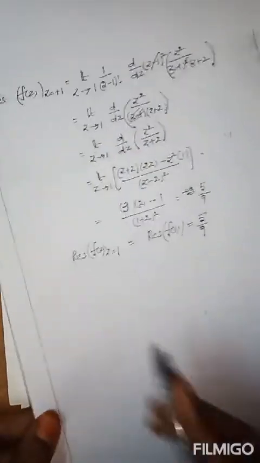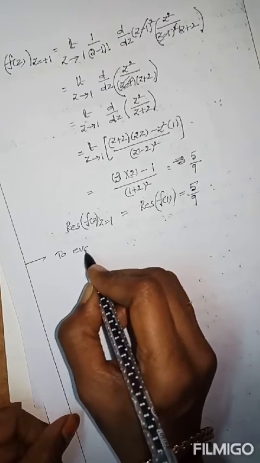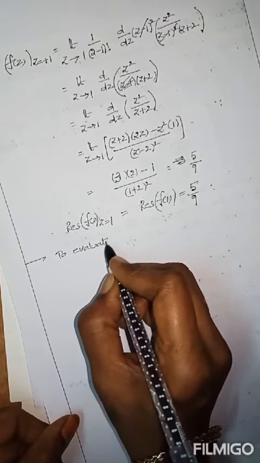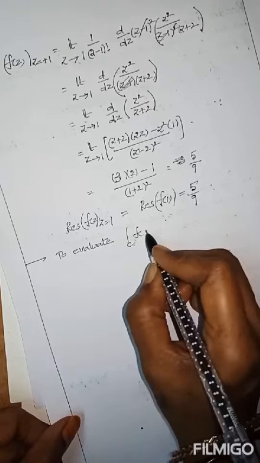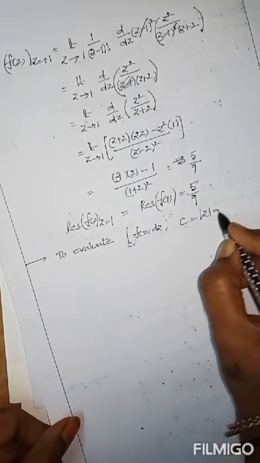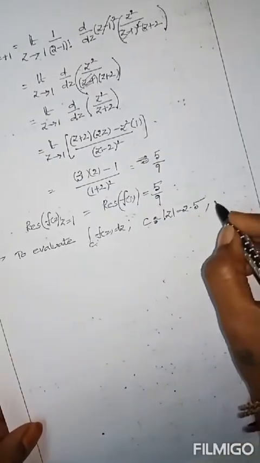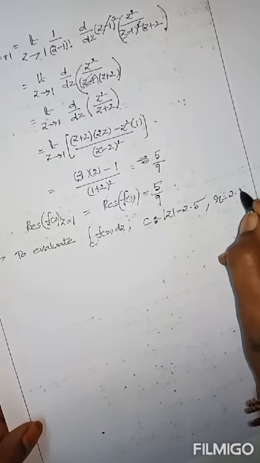So that, to evaluate the integral over c of f of z dz, where c is modulus of z equal to 2.5. I mean the radius is 2.5.